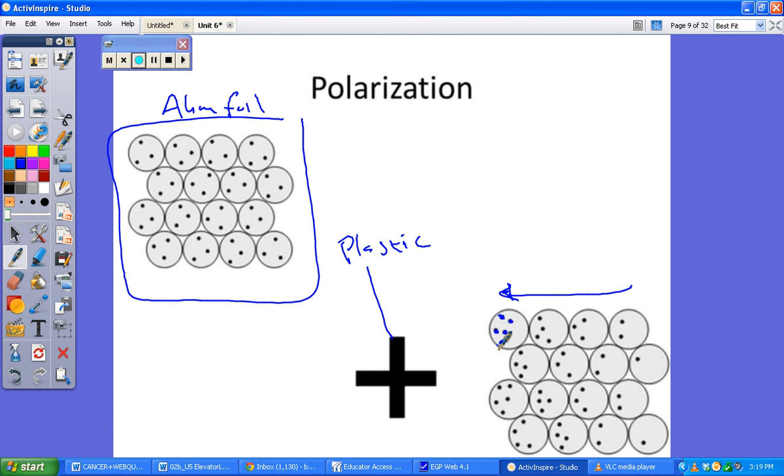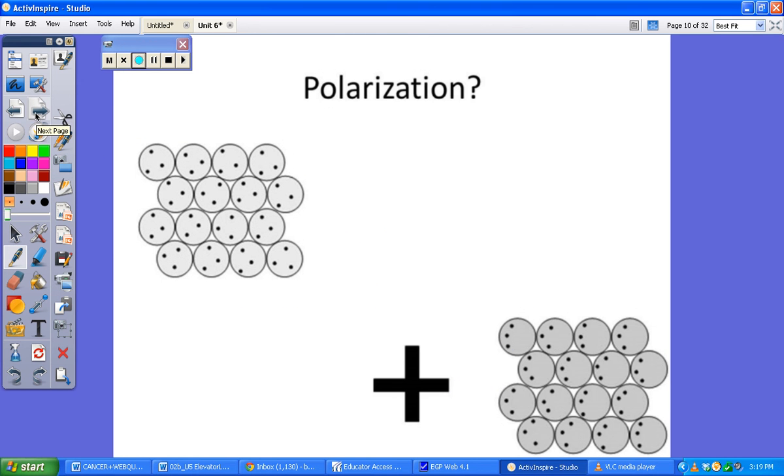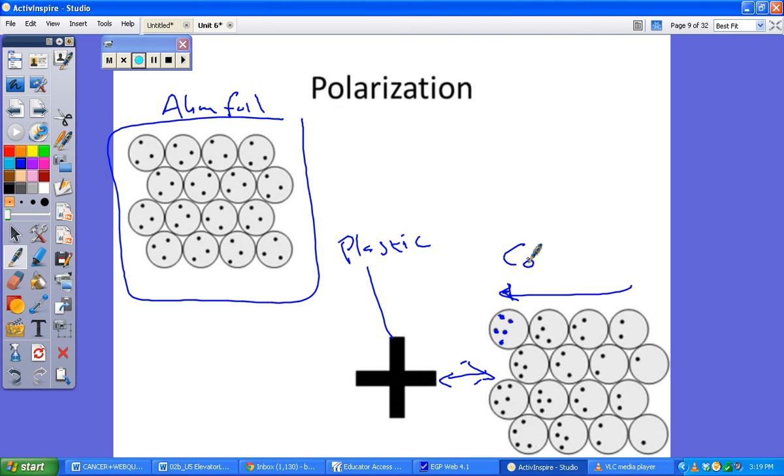As a result, there's a certain attraction between these two materials, and the aluminum foil swings out towards that plastic wand. So polarization here can also occur like this, where each atom individually becomes polarized. The charges move to the side of the atom, and this is the case of an insulator. So an insulator versus, this would be a conductor.